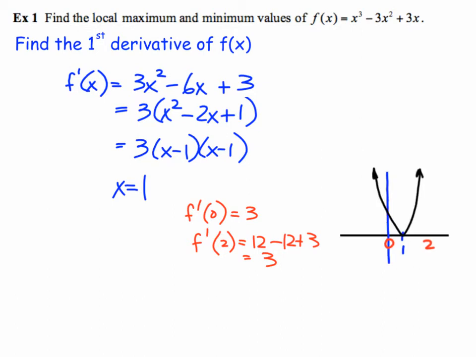And you can see that the derivative of a cubic is x squared, which is a parabola. So if you were to punch into your graphing calculator x cubed minus 3x squared plus 3x, you'd get a cubic graph going through the point x value of 1.